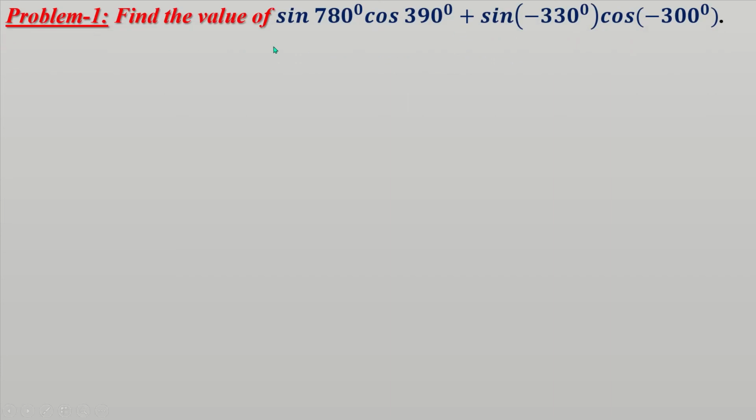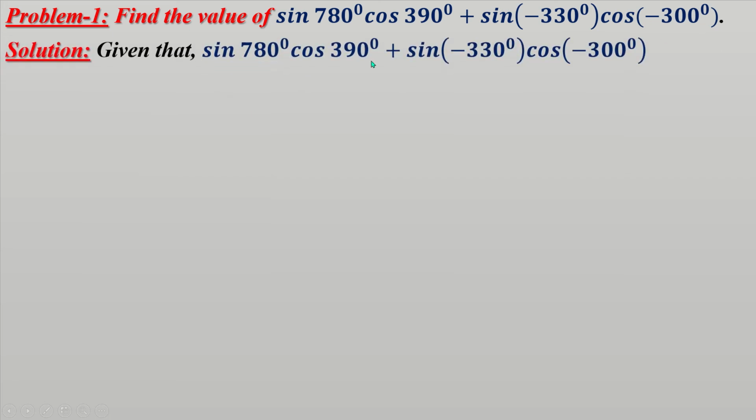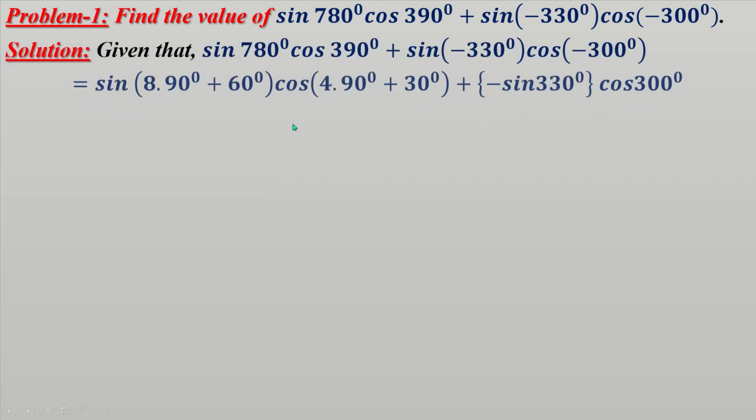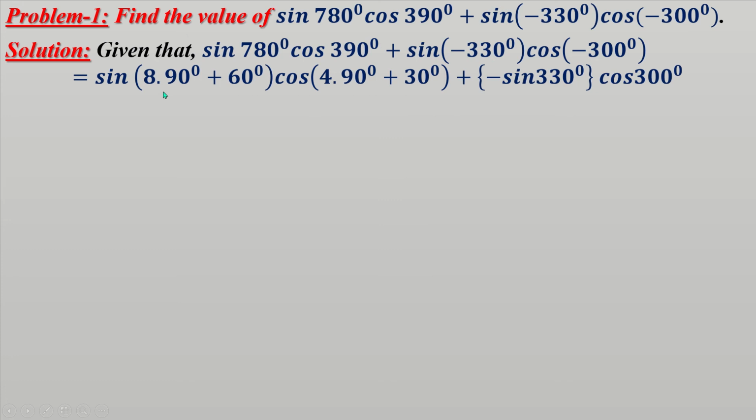Now problem: find the value of sine 780 degree cos 390 degree plus sine minus 330 degree cos minus 300 degree. Given that this and this equal to, we can write here 8 into 90 degree.